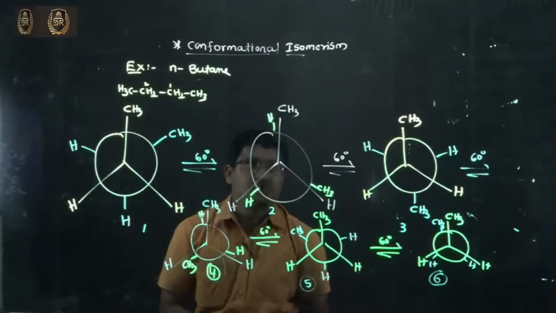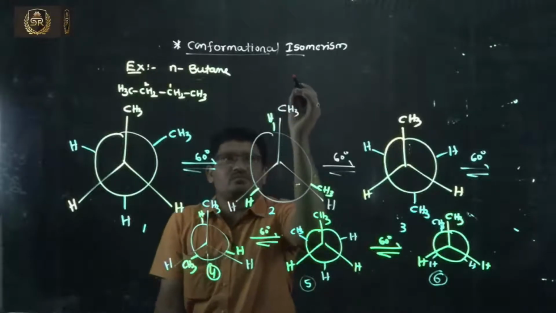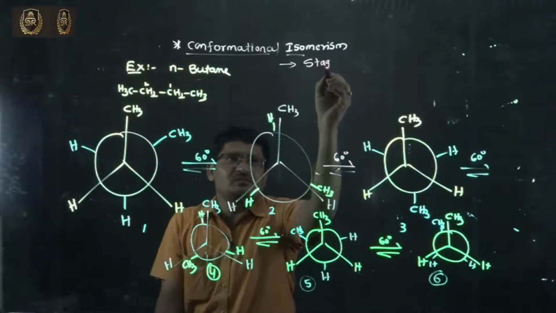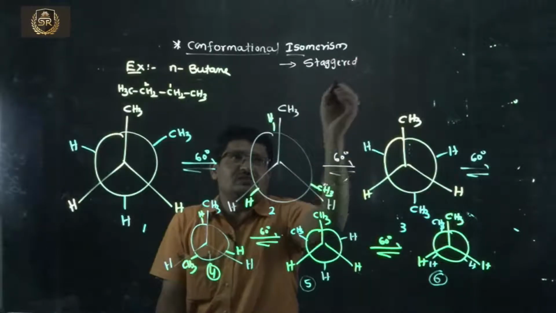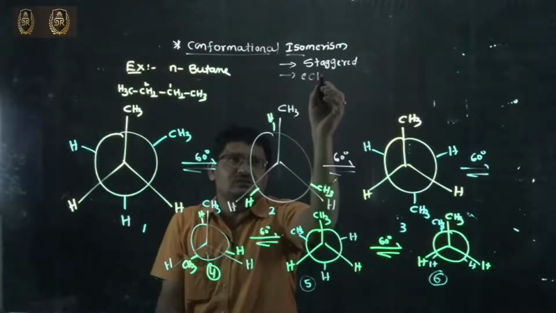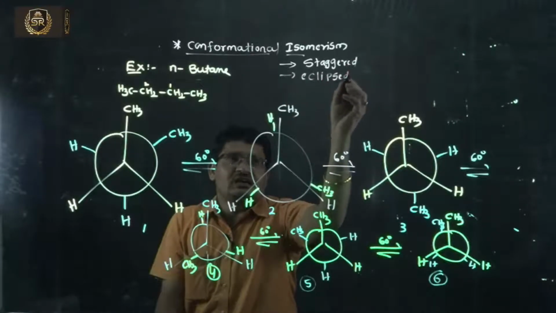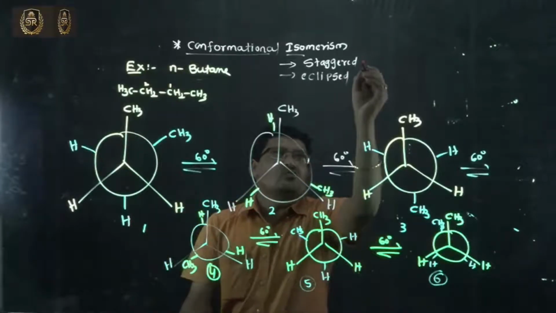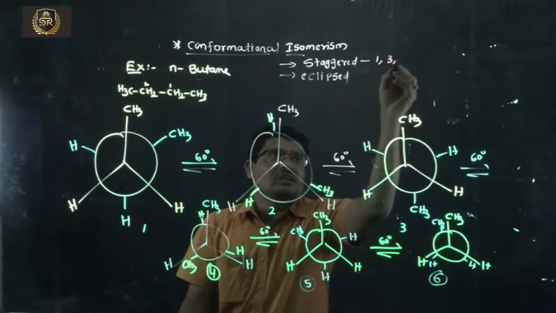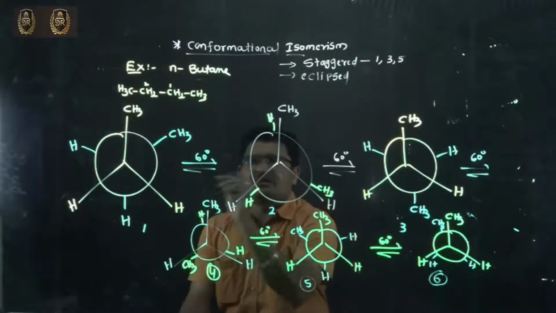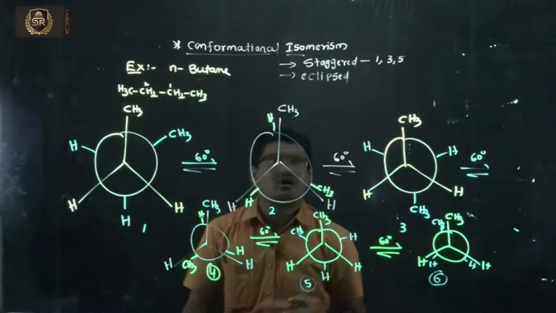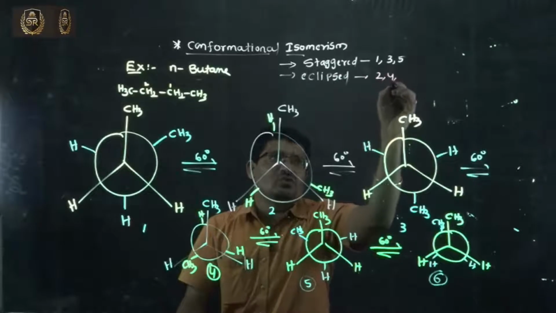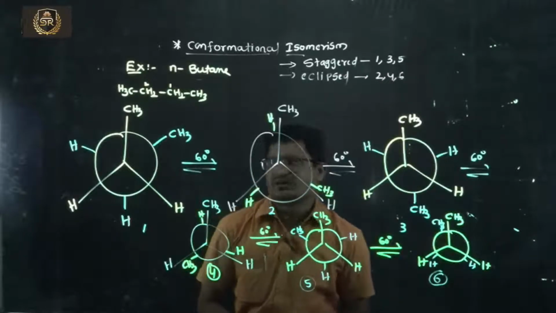These are basically two types of conformation: staggered conformation and eclipsed conformation. The staggered conformations are 1, 3, 5, and the eclipsed conformations are 2, 4, 6.